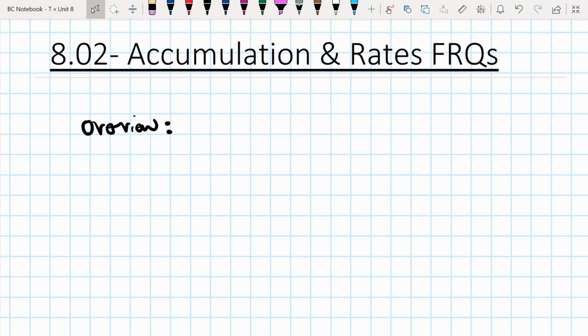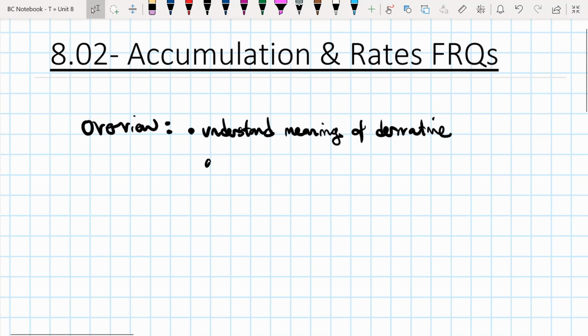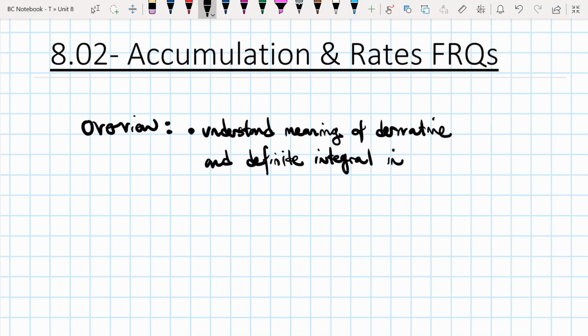The first thing you need to recognize when we're talking about accumulation and rates is to understand the meaning of the derivative and the definite integral in context with the problem.